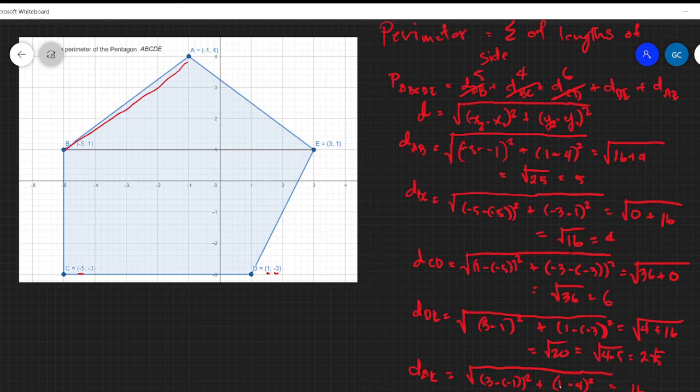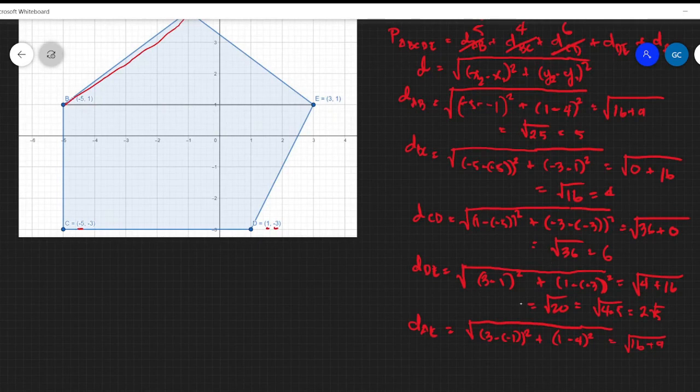Again, this will be negative 3, and negative 3 squared will be 9. So we will have the square root of 25, which is actually equal to 5.